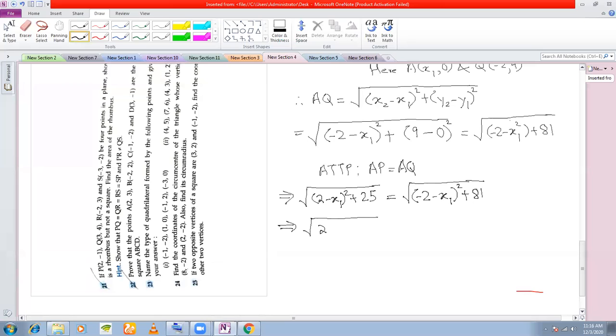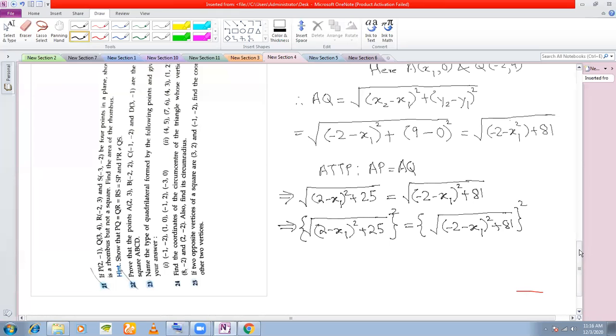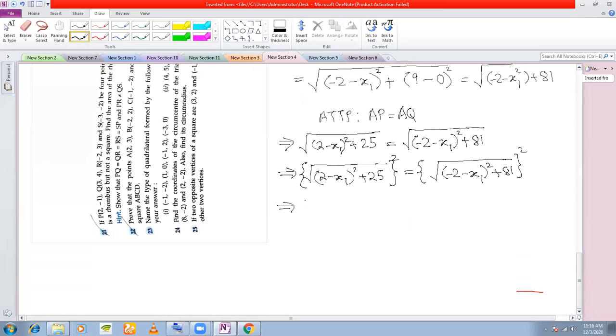Root over of 2 minus x1 whole square plus 25, square both sides so that the radical gets removed. That means you're only left with 2 minus x1 square plus 25 is equal to minus 2 minus x1 square plus 81.